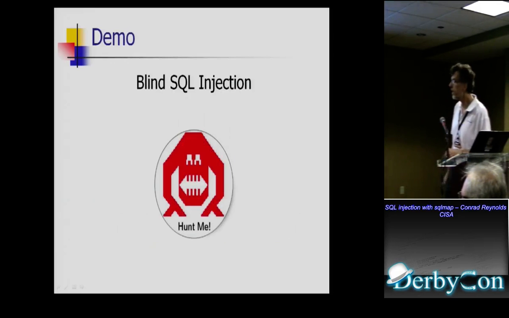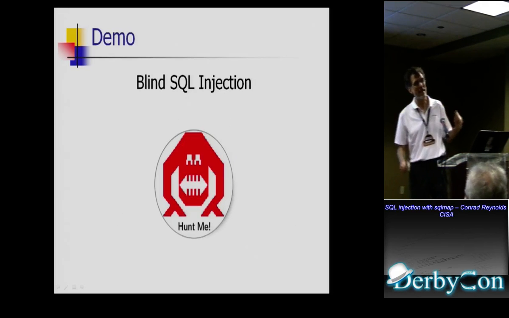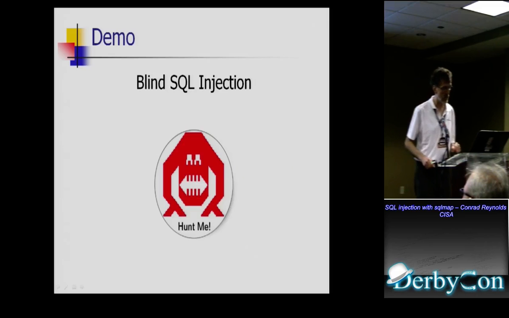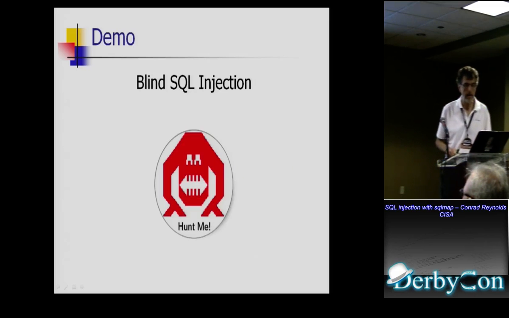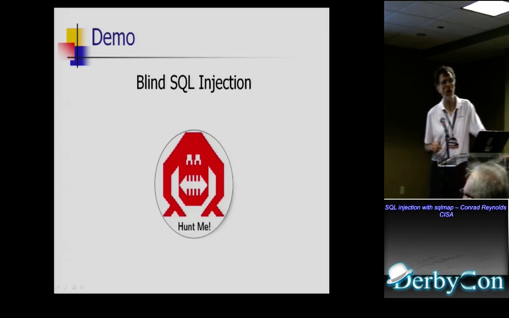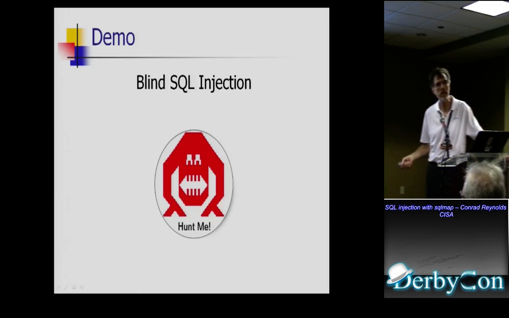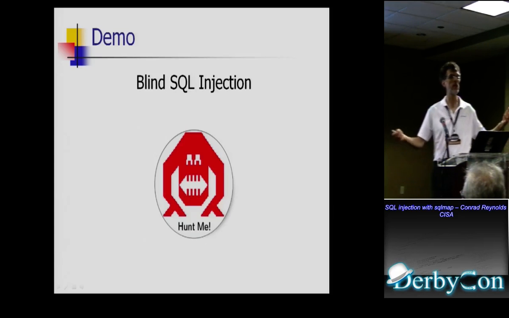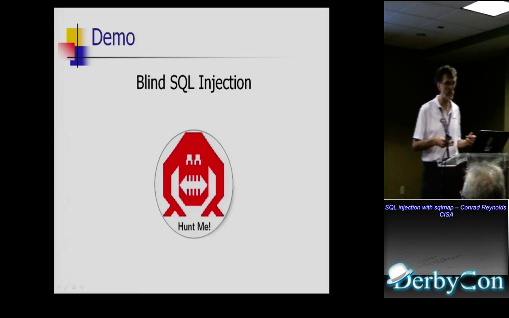All right. Now the other thing that Sqlmap can be extremely useful in is blind SQL injection. This is a case where the SQL statements that you submit through the web page don't actually return you any data. It simply has some sort of indication.